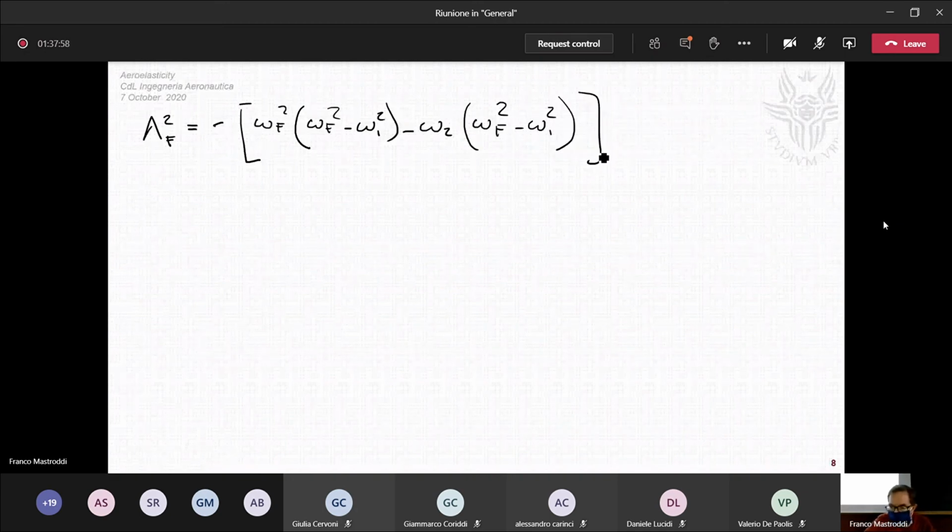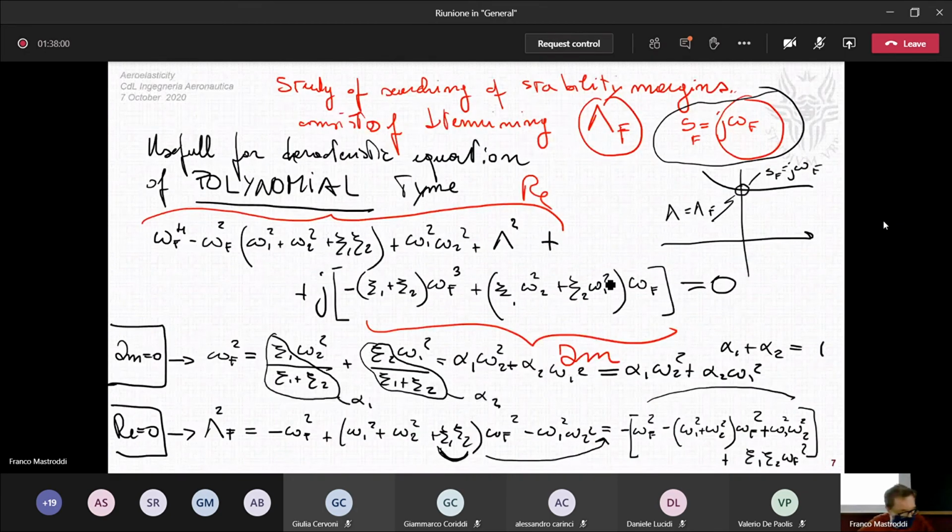If you look, it's very trivial. What I did is exactly to put in evidence this together with this term. You have an omega flutter here and here, and apart I have put in evidence this term with this term here.